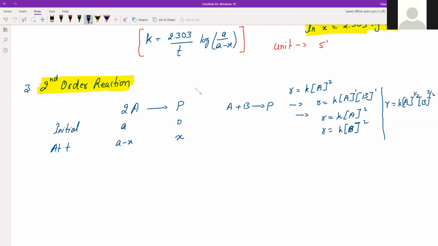Now because this is a second order reaction, dx over dt will be equal to K into concentration of A to the power 2, or K into a minus x whole square. So that is dx by dt.